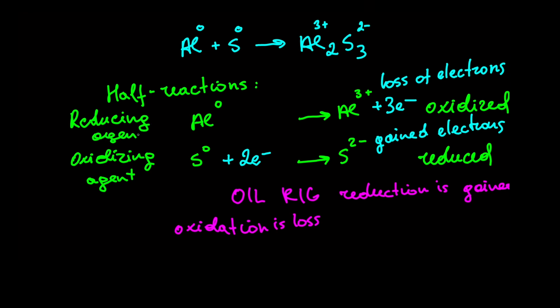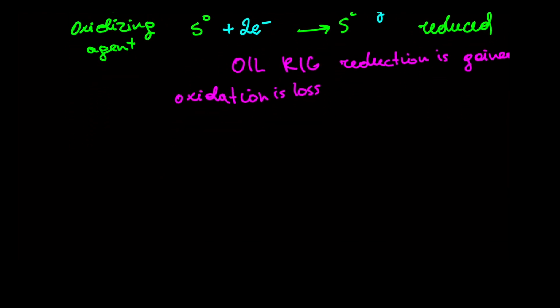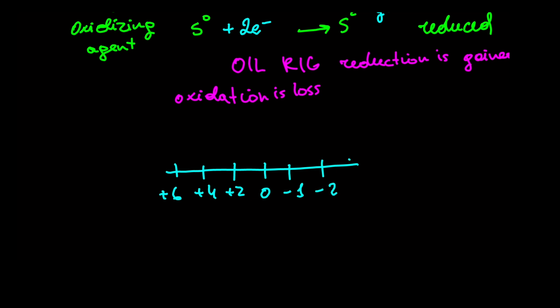Now, is there an easy way to remember when the compound is oxidized or reduced? Well, imagine I have a straight line with different oxidation states on it. On the right side, I have positive oxidation states. In the middle, neutral oxidation state 0. And on the left side, I have negative oxidation states.